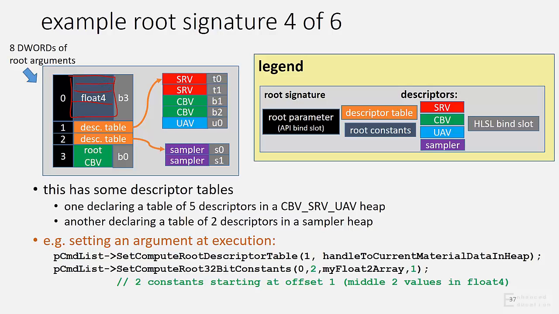So in this float4, suppose we wanted to just change the middle 2 arguments. That's what this example shows. So we're at API bind slot 0, and we're binding 2 constants starting from offset 1.